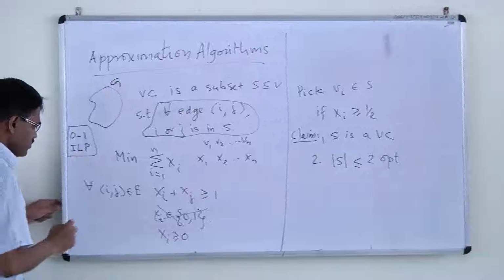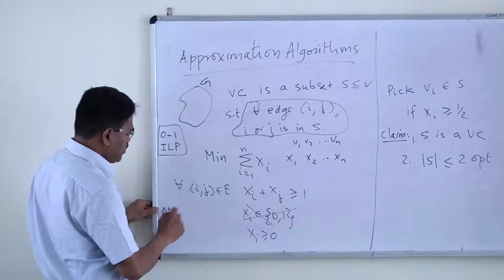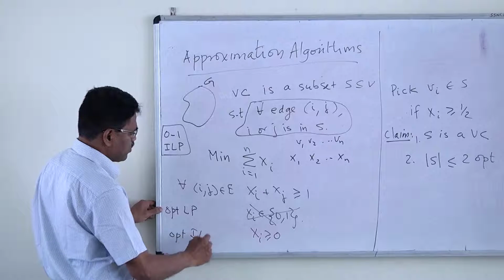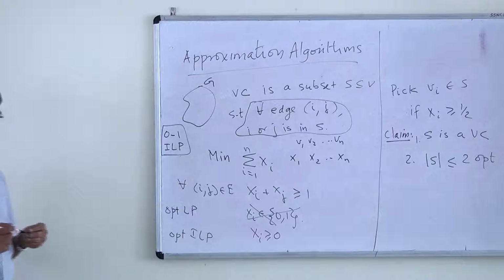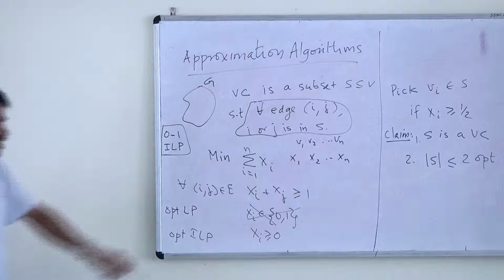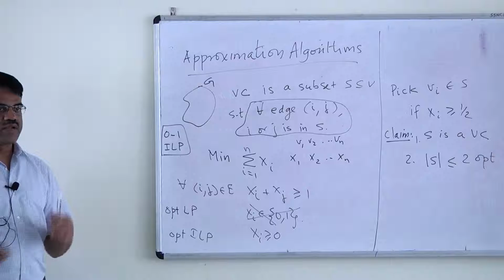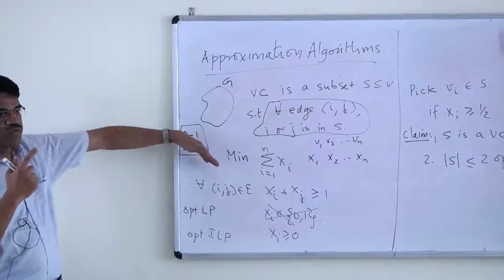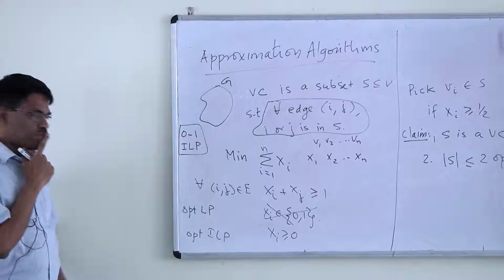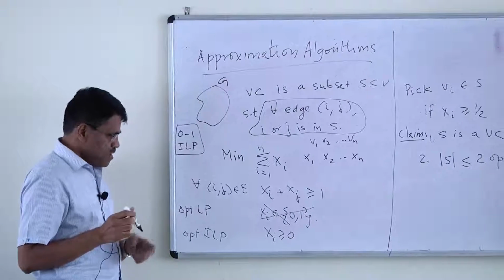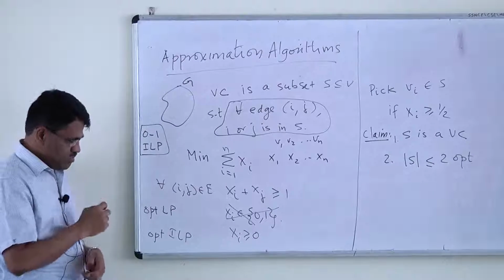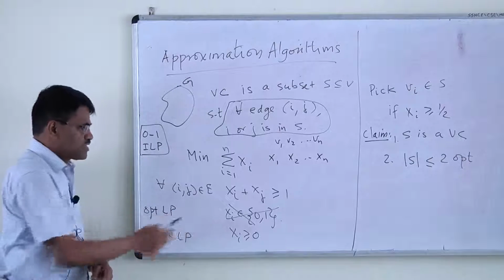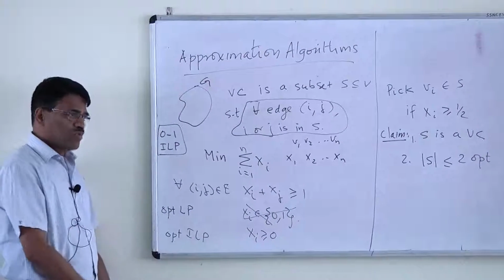Because, okay, what can you say about the optimum value of LP and the optimum value of the integer linear program? Which is smaller? Something with this constraint or without this constraint? If I solve this LP, which value would be smaller? It's a minimization problem. If I remove this constraint, I should be able to go even smaller, no?